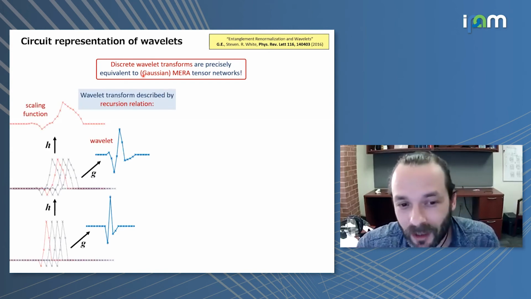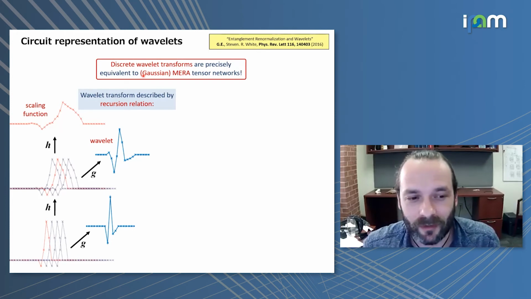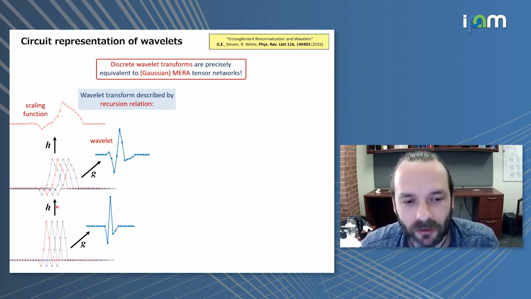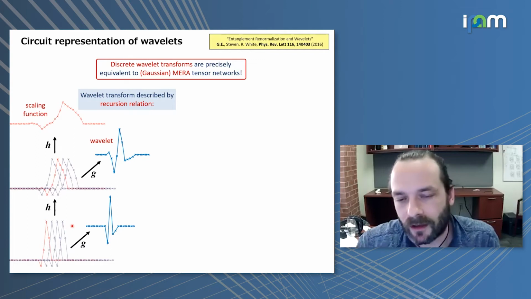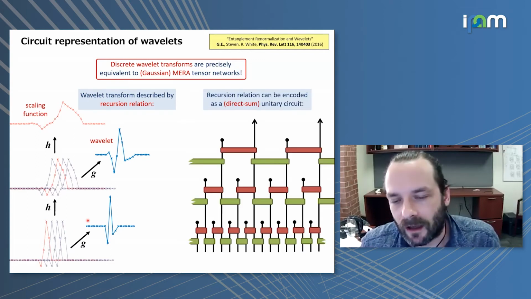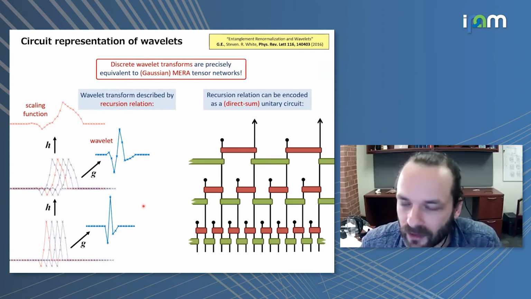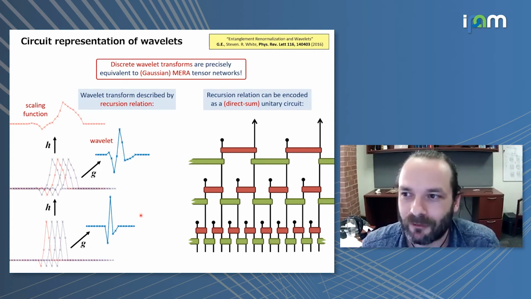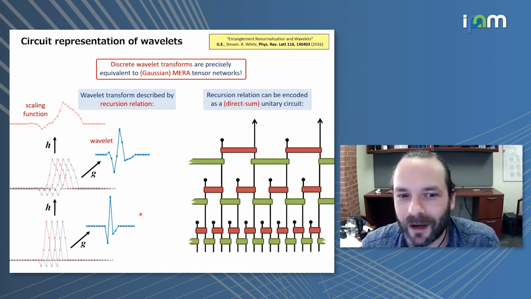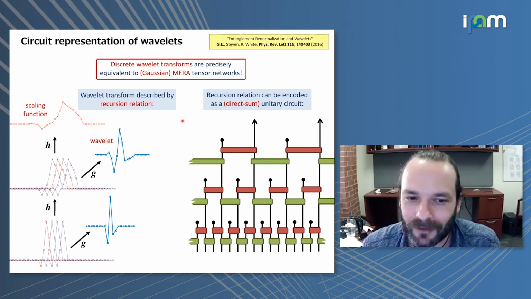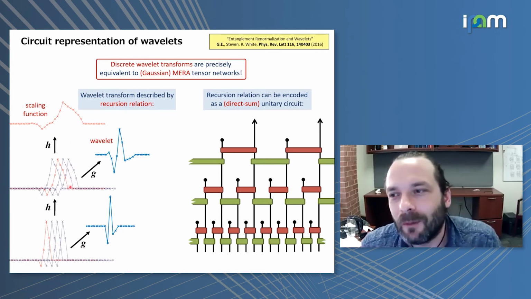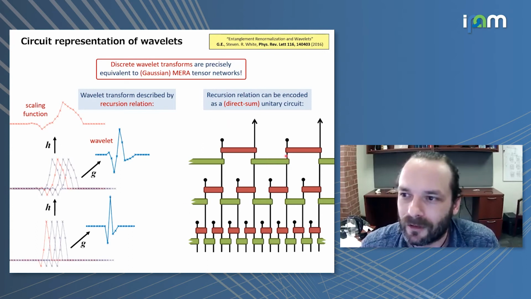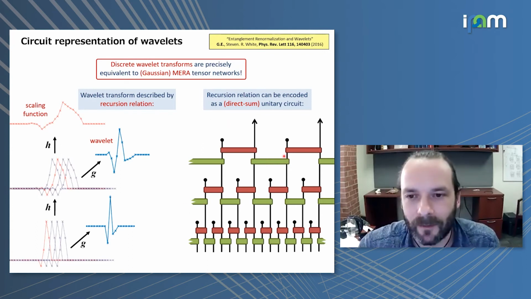Okay, so earlier we saw that a wavelet transformation was defined by this recursion relation between scaling functions. It turns out that the unitary circuit that MERA is based upon can exactly describe the same recursion relation. So you can implement your Daubechies D4 wavelets, rather than thinking about them as these functions that live on the lattice, directly as a quantum circuit if you like. It's exactly the same thing.